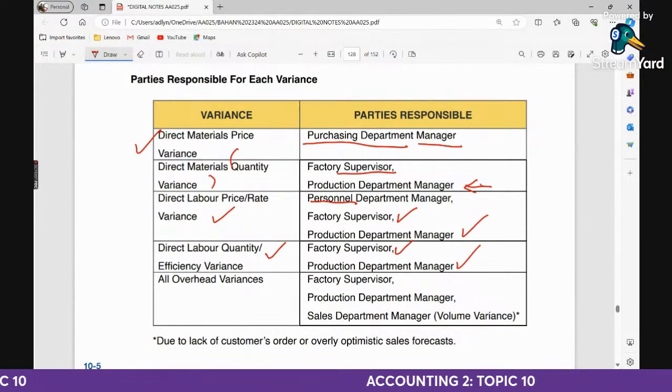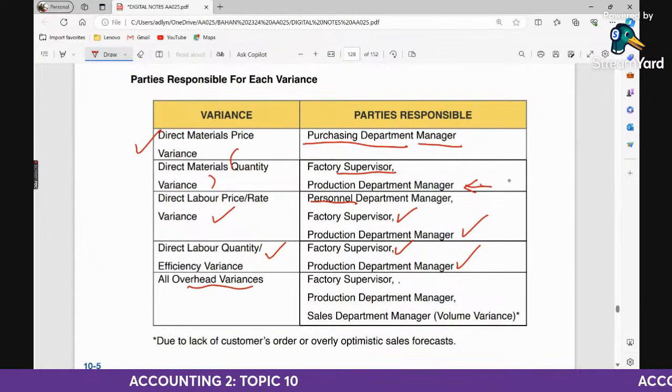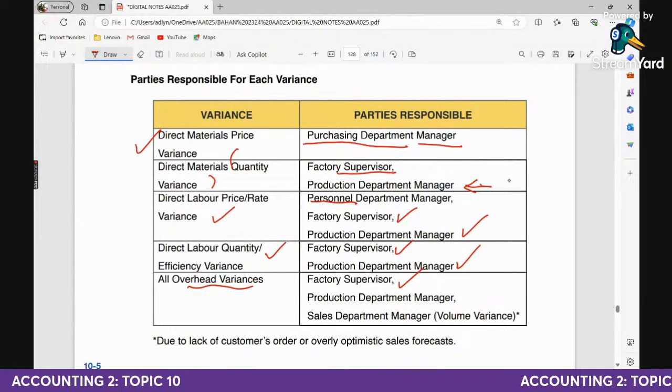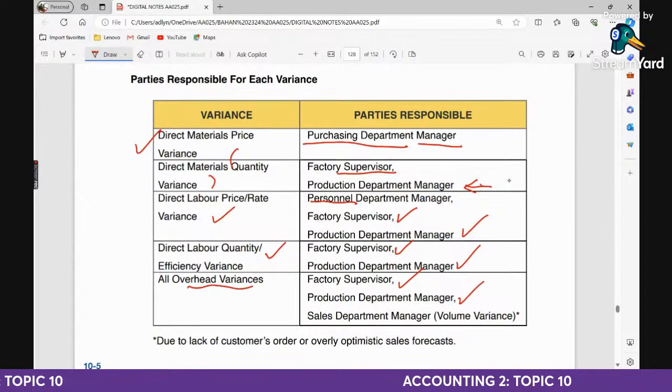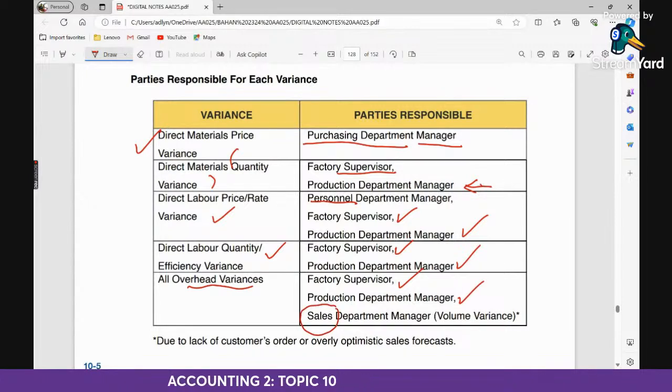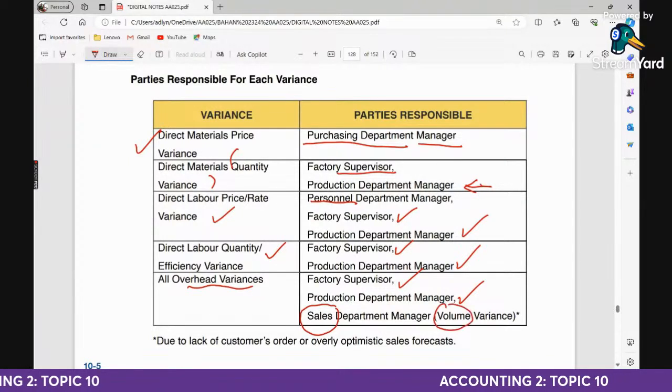And untuk semua overhead, for sure, dia diperhatikan oleh supervisor, lepas tu dia diperhatikan oleh production department manager, dan kemudian dia juga merupakan tanggungjawab sales department manager. Kenapa sales? Sebab kita ada volume variance. Volume ni ialah merujuk kepada unit pengeluaran.